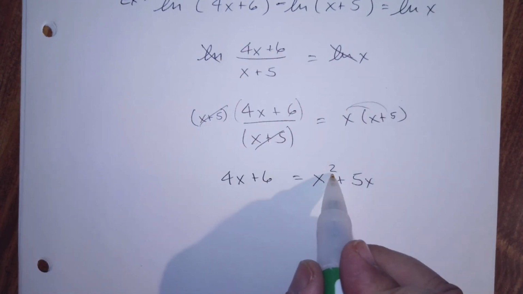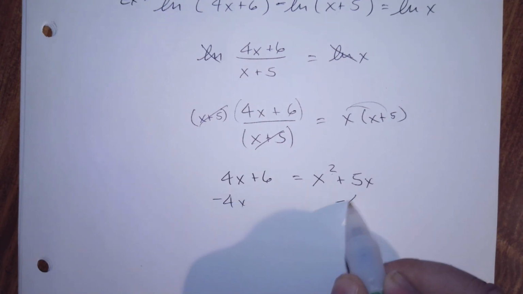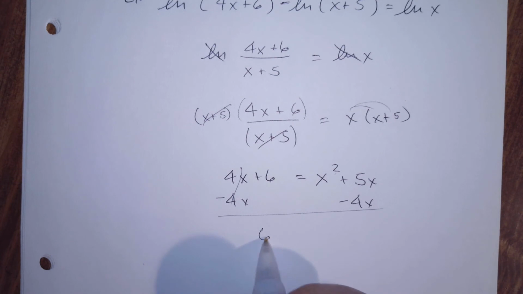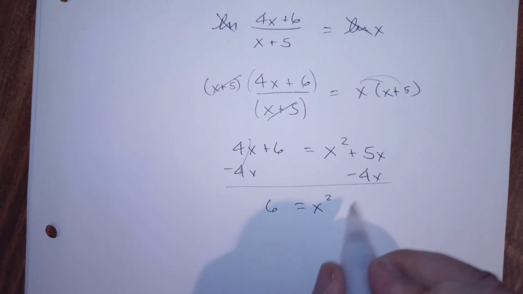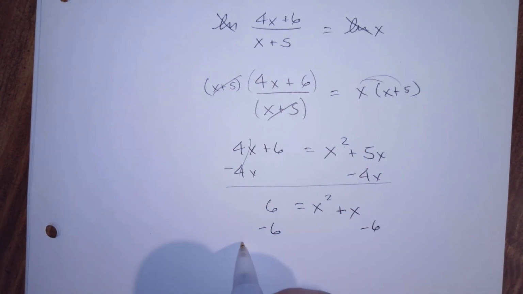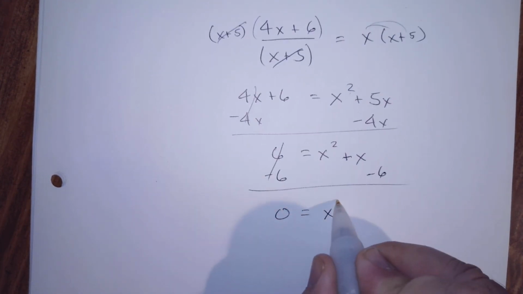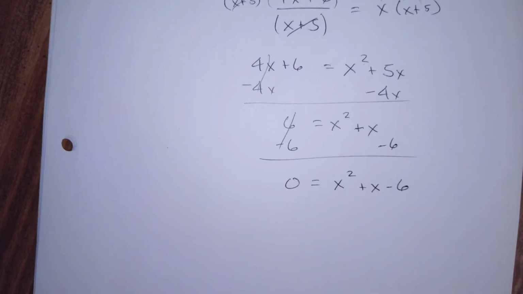It's quadratic, so it has to be equal to 0. Move these to the other side. So x squared, 5 minus 4 is 1, and the 5 is bigger, so it's positive x. Get rid of the 6. So 0 equals x squared plus x minus 6.